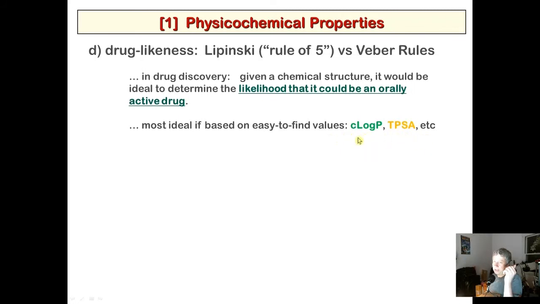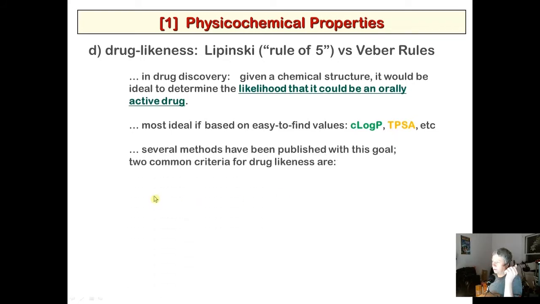So we're going to use them in our calculation. A couple of the methods are Lipinski's rule of 5. Rule of 5 means that a couple of the rules use the number 5 in them. It's a rule of thumb that can be easily remembered. I still have to look it up when I use it, but having everything based on 5 helps a bit.